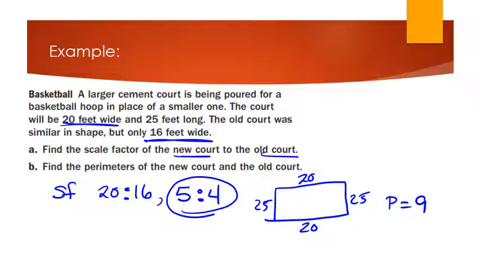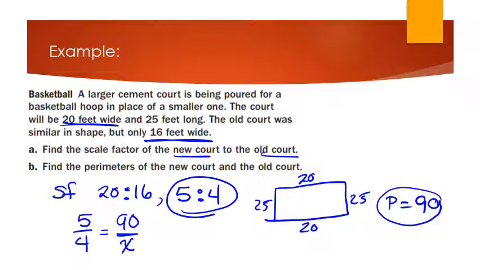Or this is just a linear measurement, we can use the perimeters too. Okay, so I can set up 5 to 4, where 5 is the new court, and we know the perimeter is 90, and the perimeter of the old court we don't know.